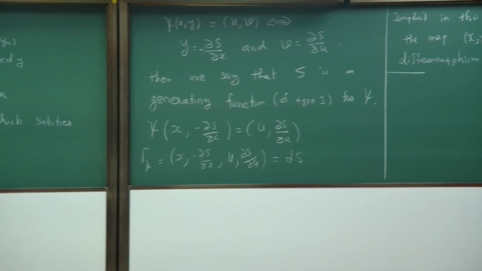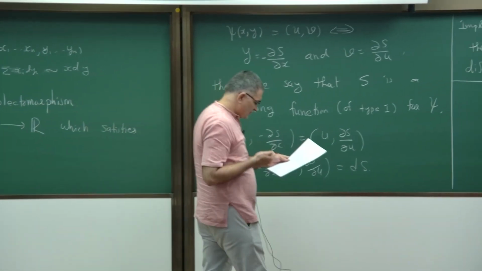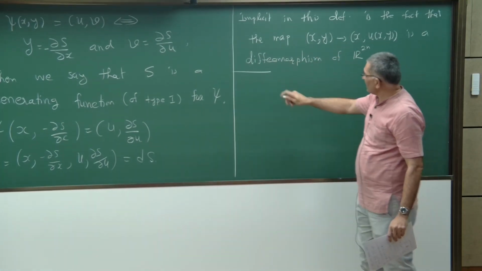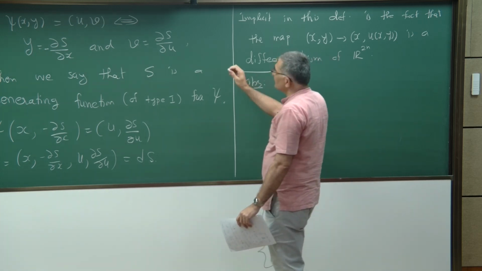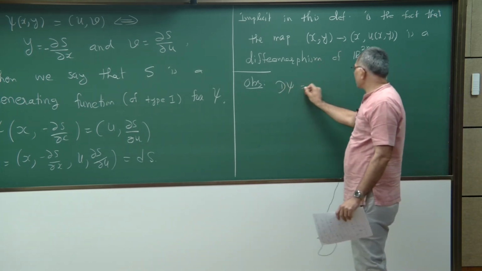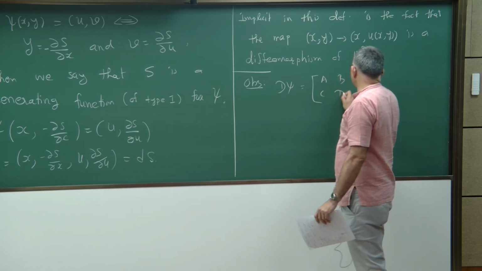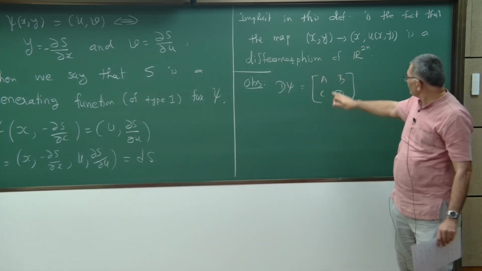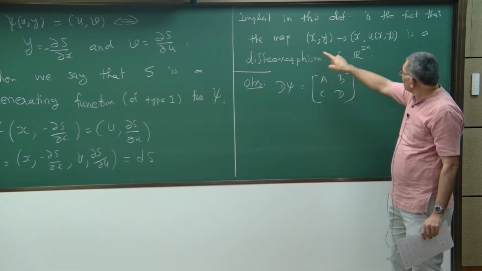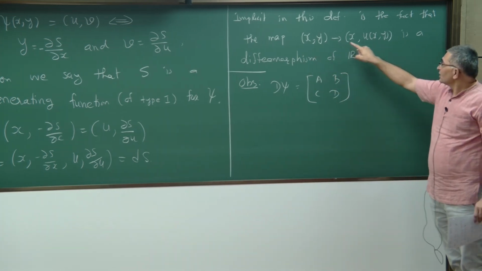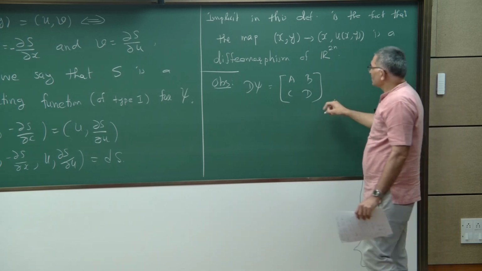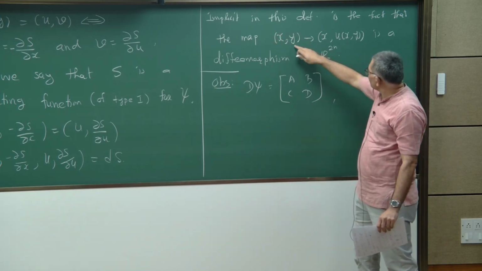So now, the thing to observe is that if I look at d psi, the derivative of psi at any point, and write it as a matrix A, B, C, D, obtained using the coordinates x1 through xn and y, then for this to be at least locally invertible, giving at least a local coordinate chart around (x0, y0), it is implicit in this definition that psi is a diffeomorphism.